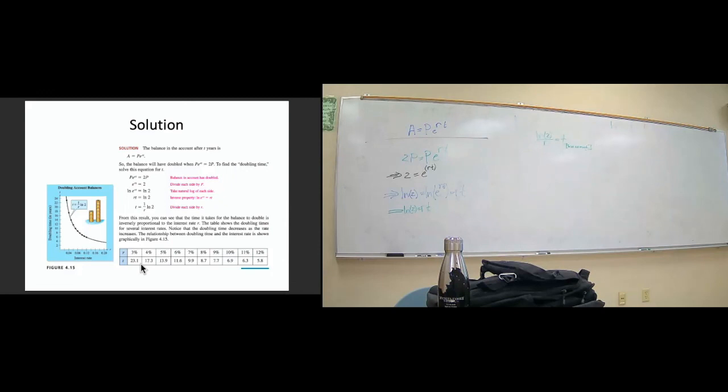So if you put $50 in to an account that's collecting interest annually and continuously at a rate of 3%, then it's going to take you 23.1 years to have $100 of that. That's what this is telling us. Everybody cool with this?